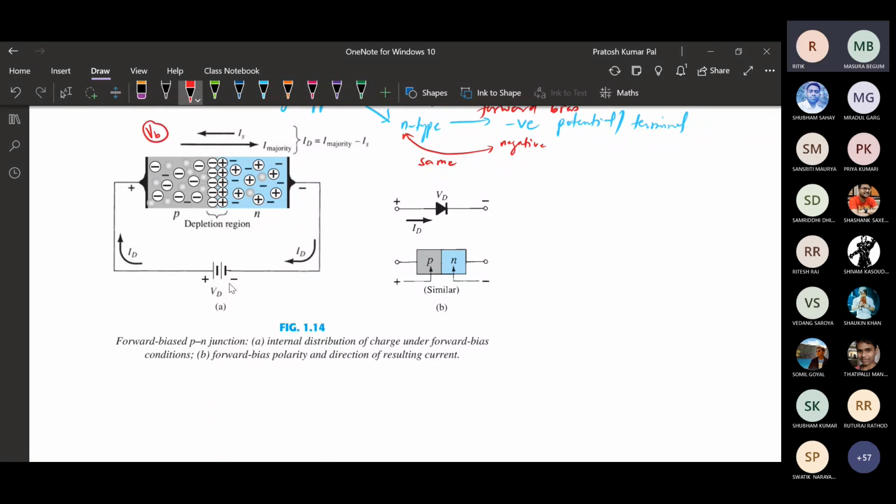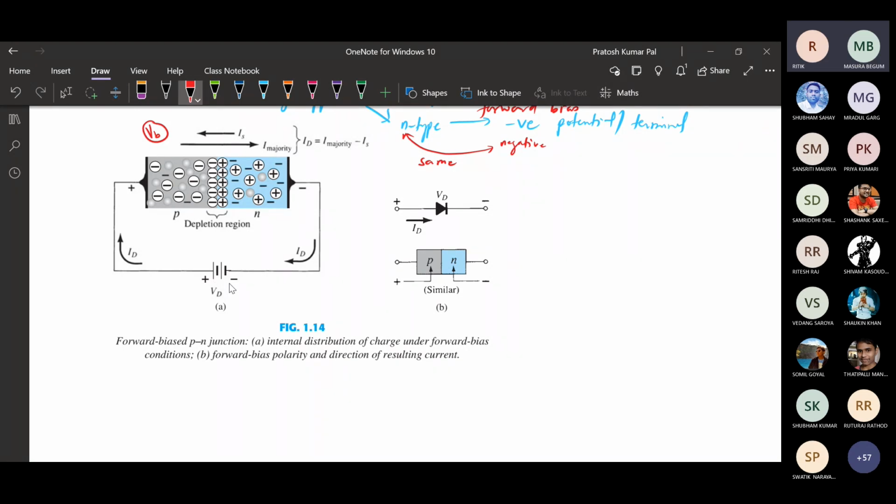Now we have applied the forward bias. This forward bias will be forcing these holes that are in majority in the P type region to cross, getting such an amount of energy to cross this barrier voltage.